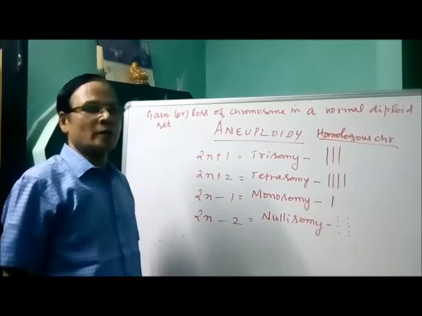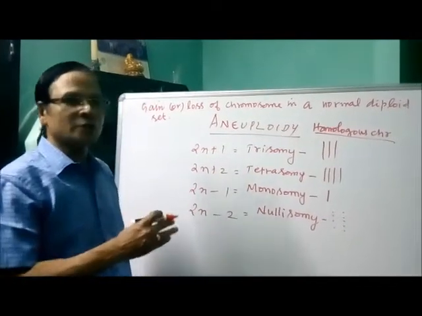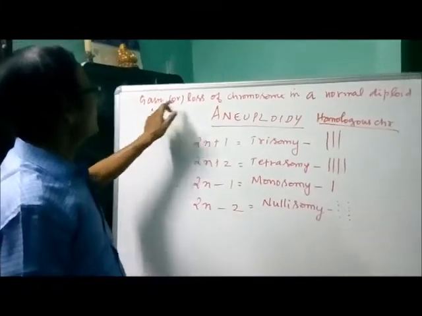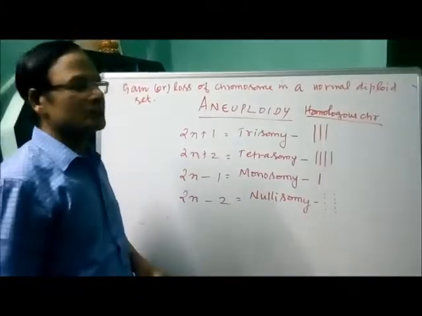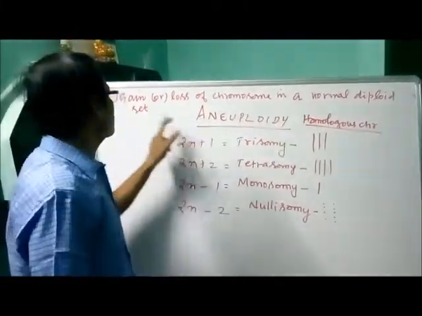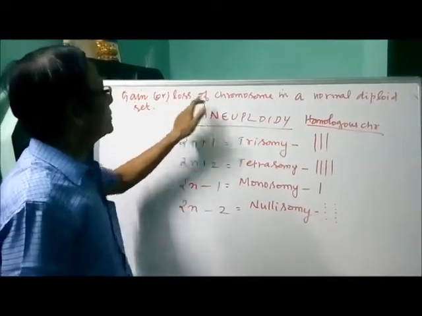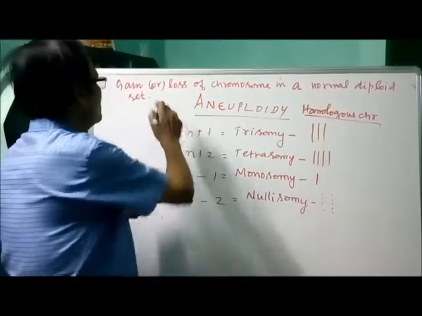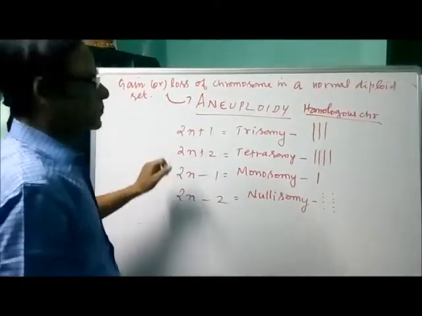What is aneuploidy? The next type of change in number of chromosomal mutation. Now it may be a gain or loss of chromosome in a normal diploid set. This is called aneuploidy.